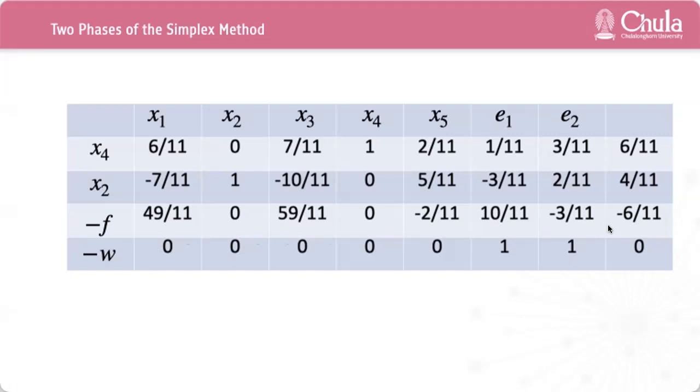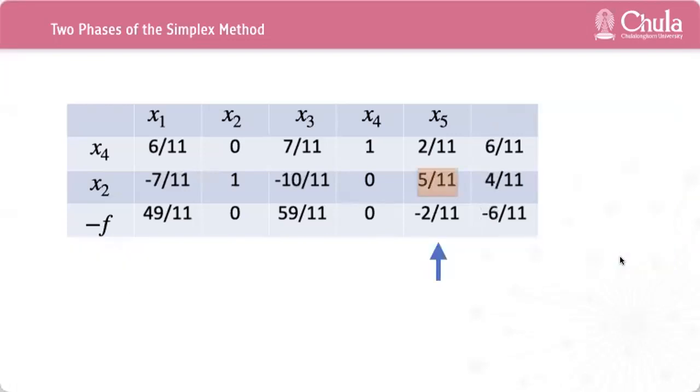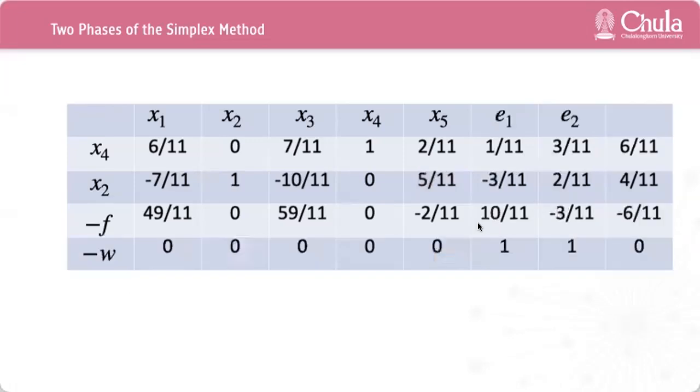We can remove this out, just the one line down here. So we reduce the table. We can remove E1, E2 too, because we already remove them from the basic variable, and the summation of them is 0.